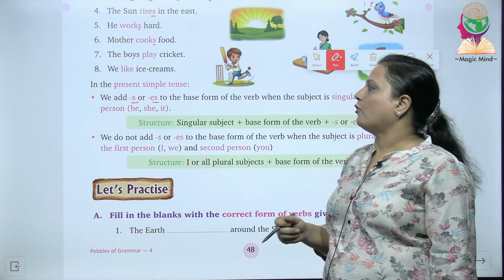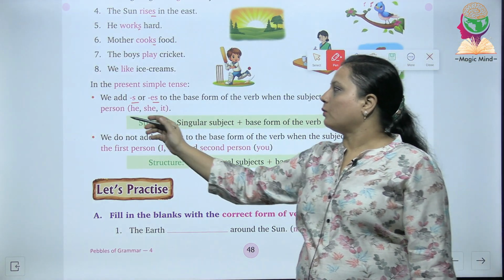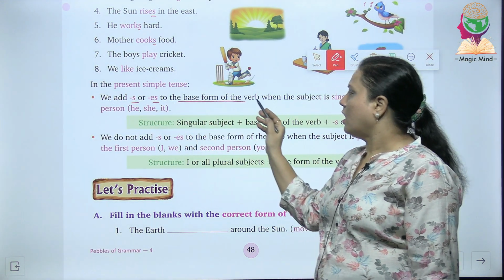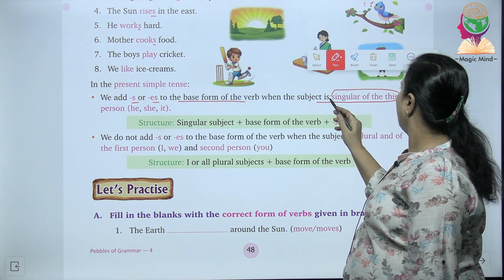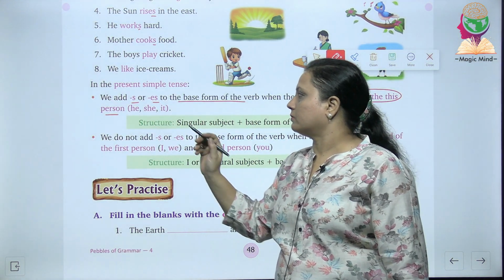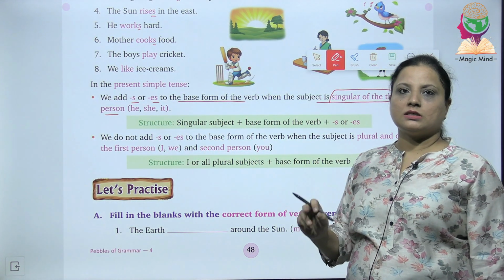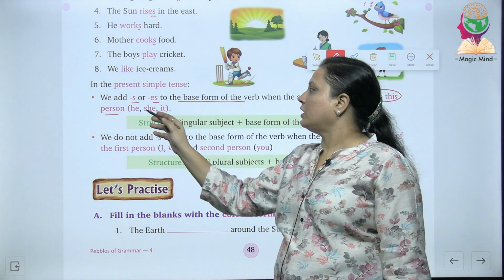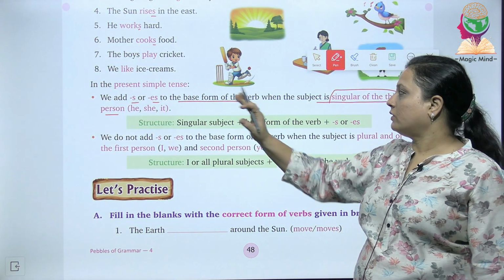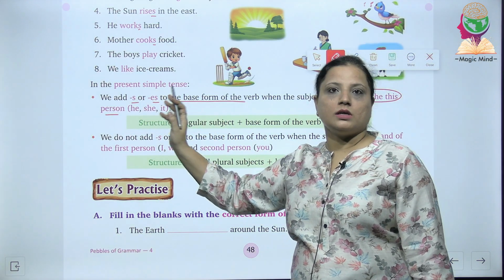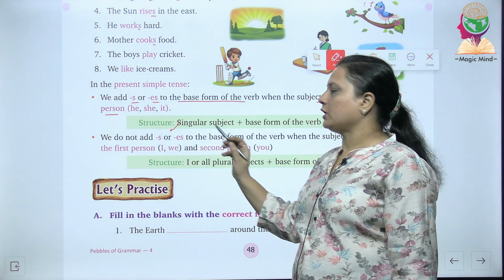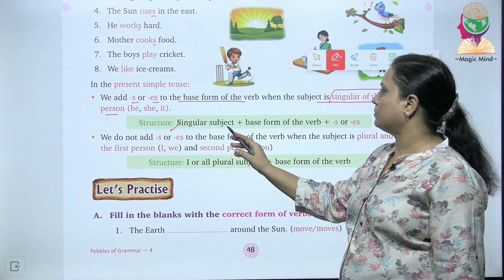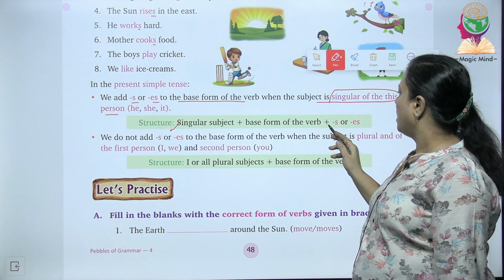So this is the rule for present simple tense, that we add S or ES to the base form of the verb when the subject is singular third person. Okay, when the subject is a singular person, that means he, she, it, then we will add S or ES to the main verb. Like this way it will be formed: singular subject plus base form of verb plus S or ES.